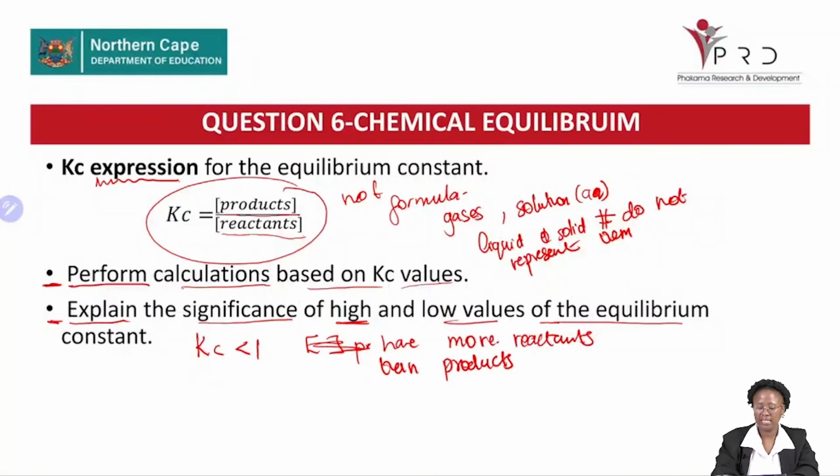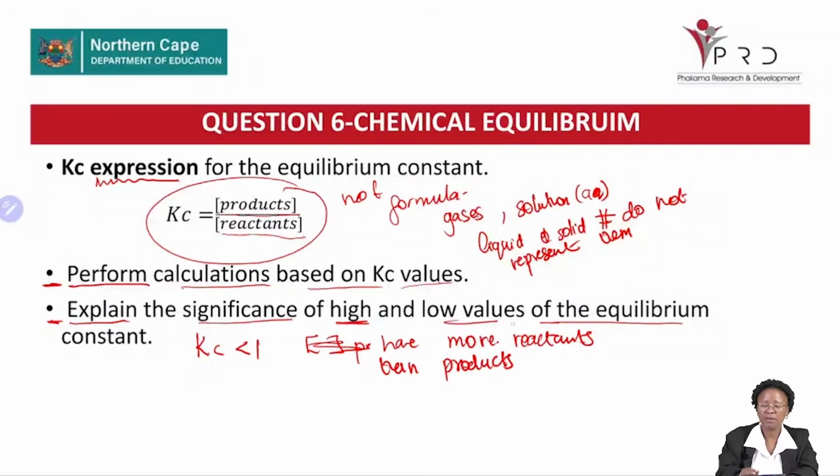And this is not good for a business, because you want to be buying less reactants, or anything that's going to help you start the reaction. You must buy less of it, and the products must be more so that you can make more profit. So very much important. A Kc that is less than 1 actually means that you have more reactants than the product.